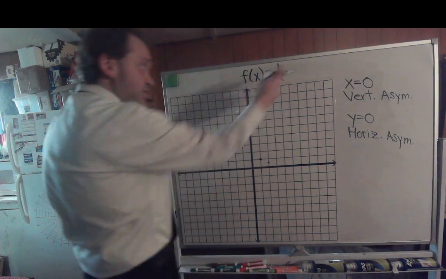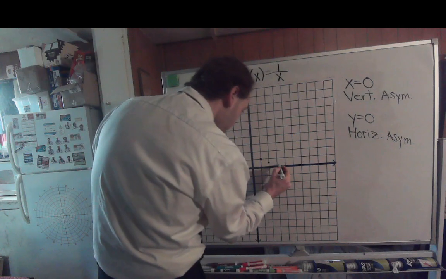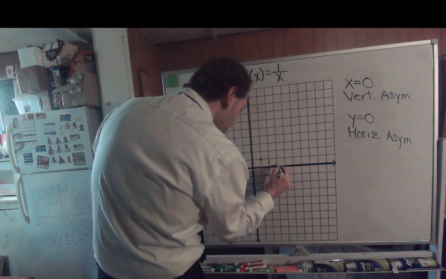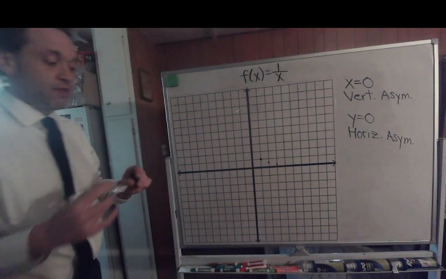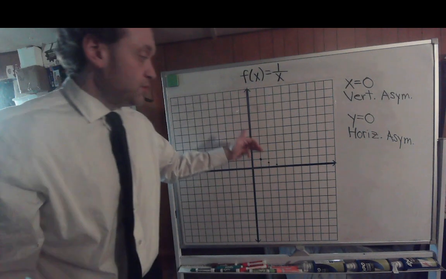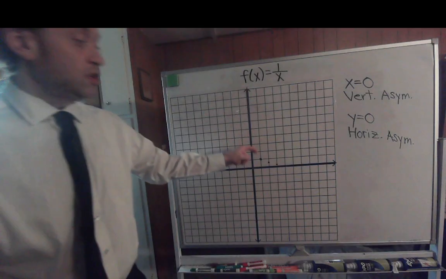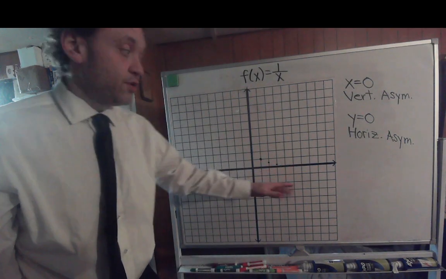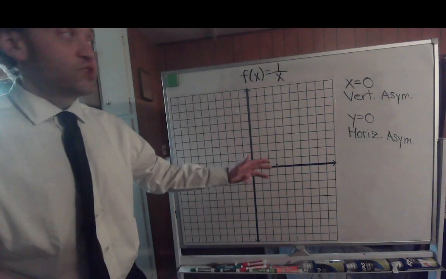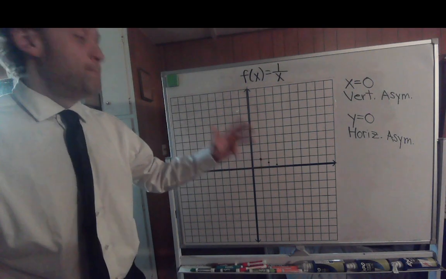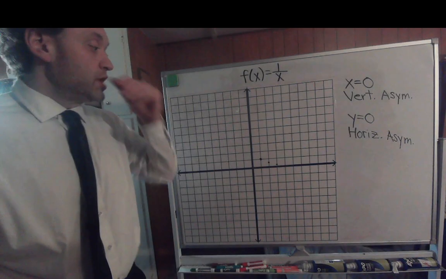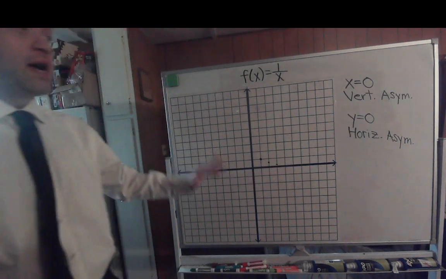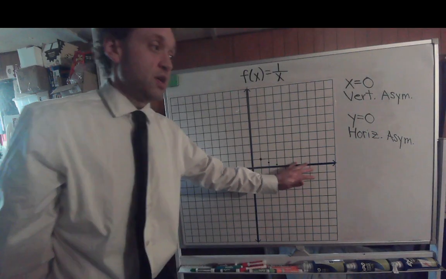Then when x is 3, you would get 1/3. And do you notice the pattern that the higher up you go in your x values, the closer to a y value of 0 you're getting? You can't actually hit 0, but you're going to get really close. That's why y equals 0 is a horizontal asymptote.